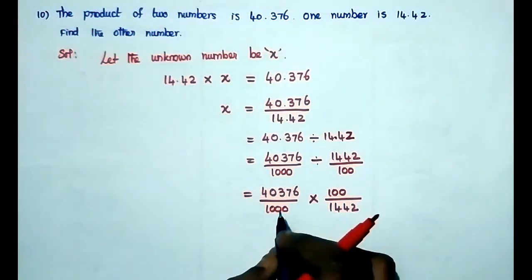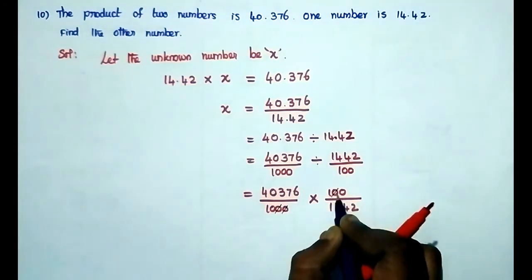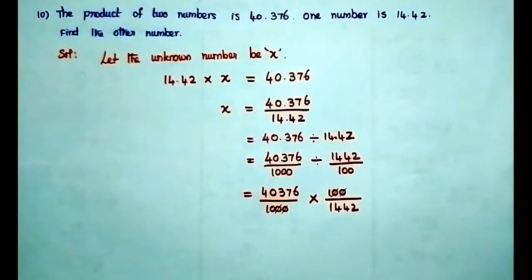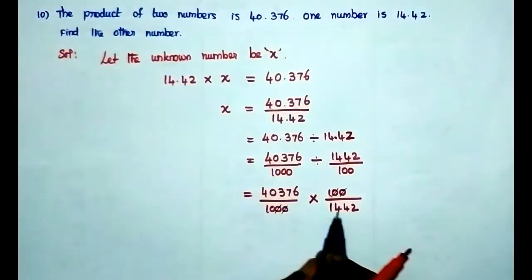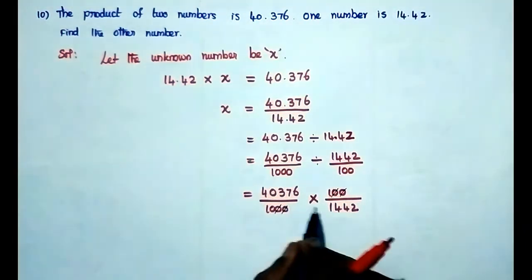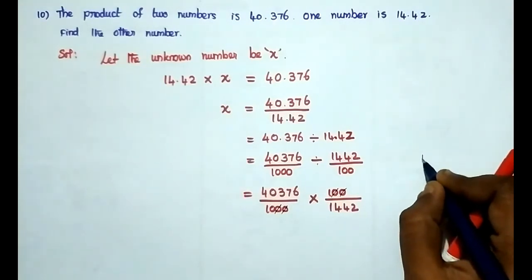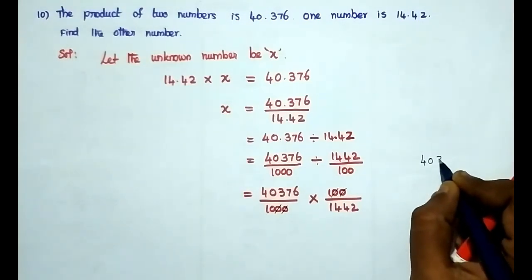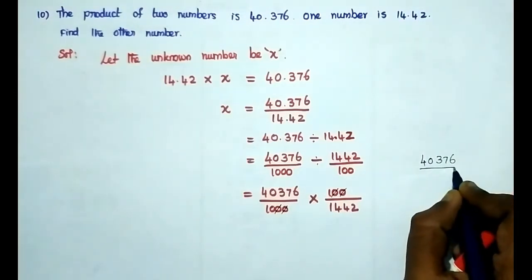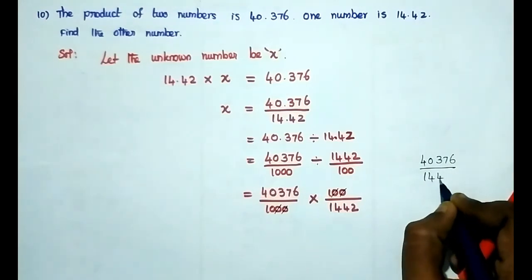Now listen, 20 get cancelled. Now these two numbers we can cancel. So 40376 divided by 1442.